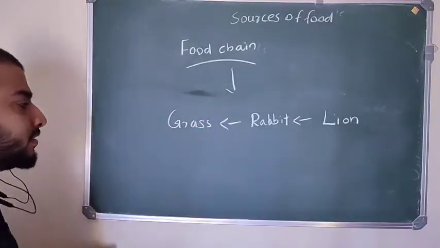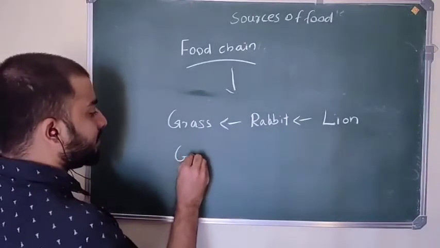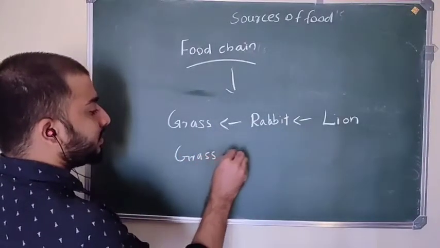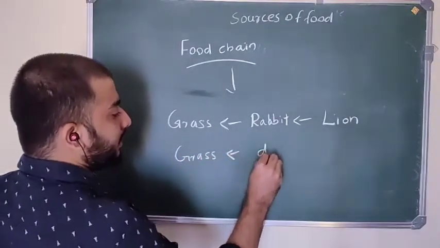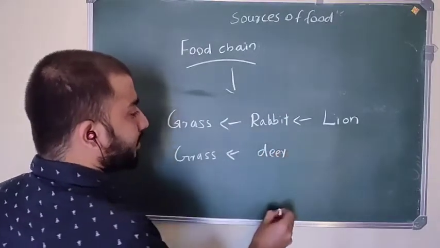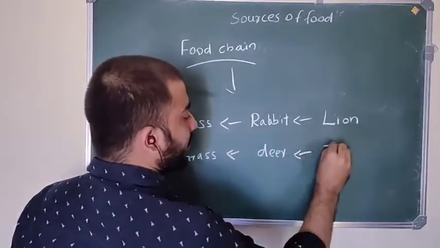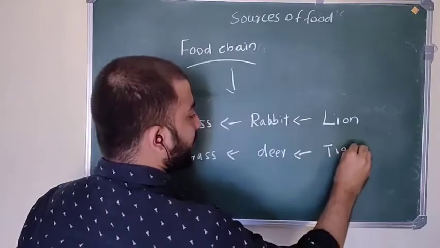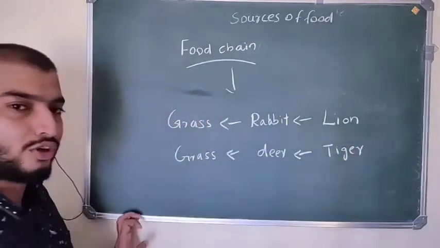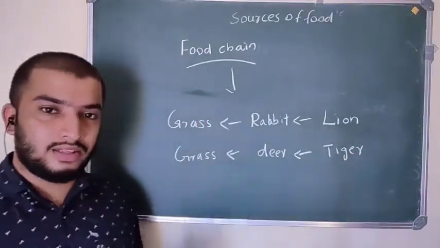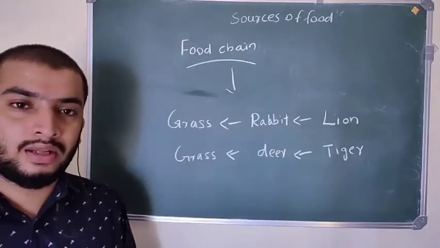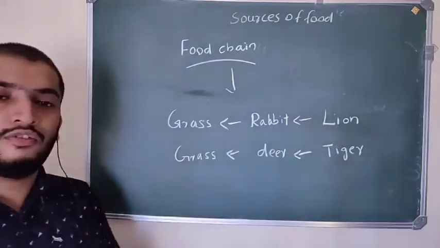Another example: grass, deer, then deer is eaten by tiger. So try to make more examples like this. So this is about the food chain.